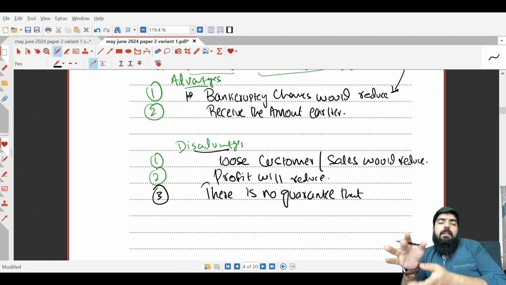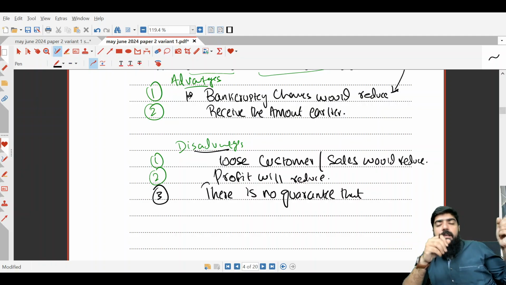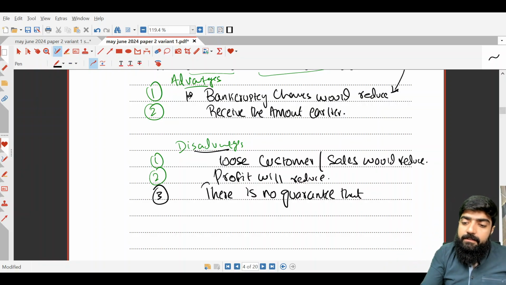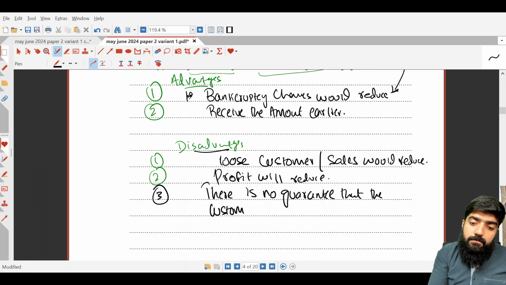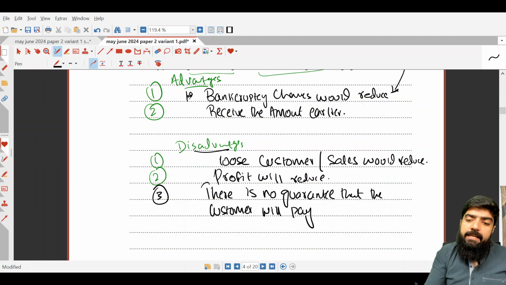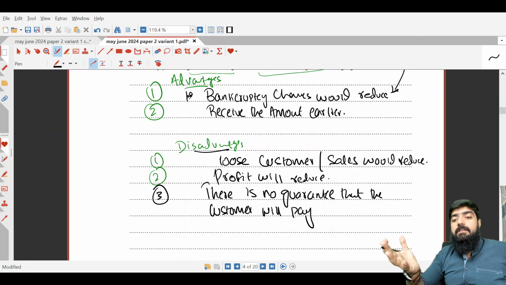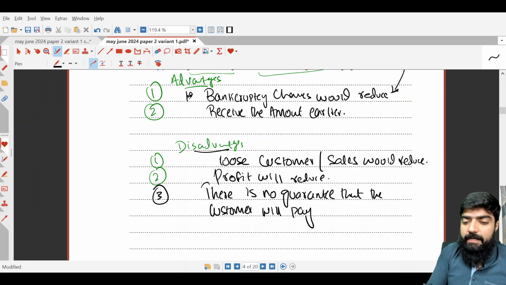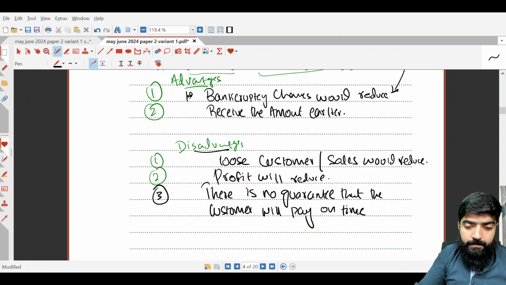Although you are incurring lots of expenditure and doing lots of effort, there is still a chance of no guarantee. So this might end up being an unnecessary step. But obviously the company is trying. So there is no guarantee that the customer will pay on time or before time, right?